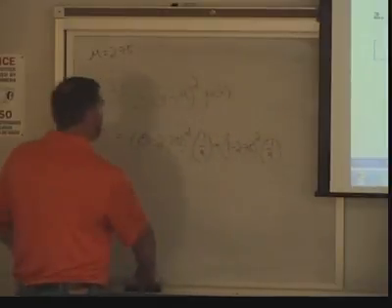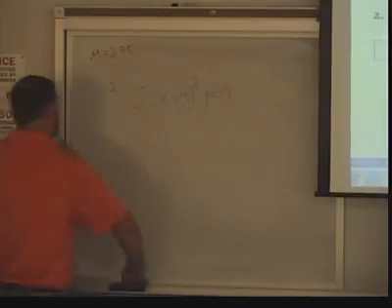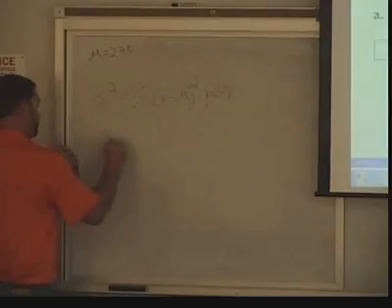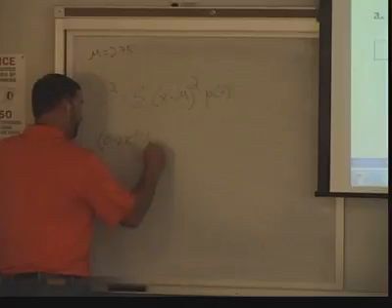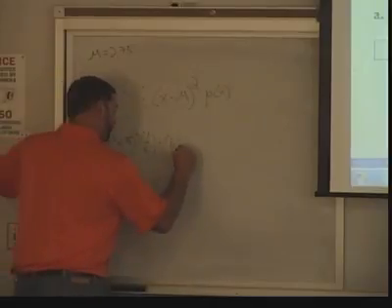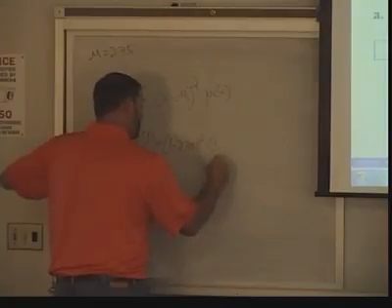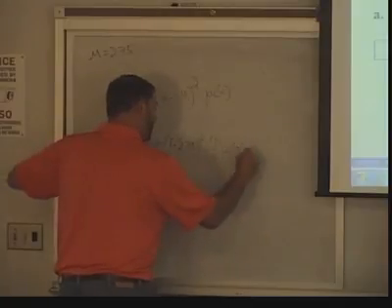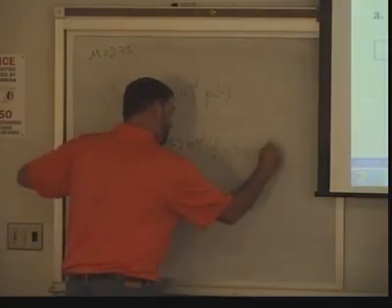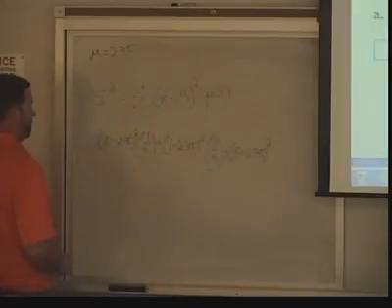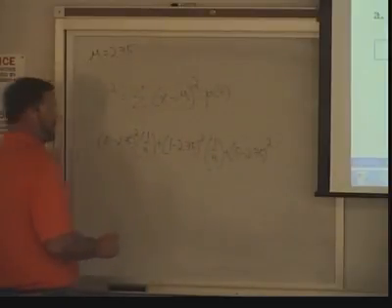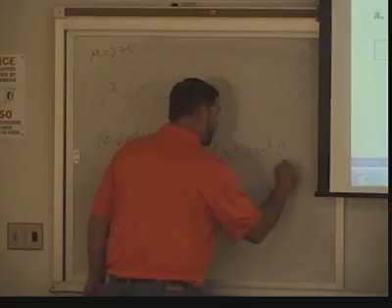Let me rewrite that a little bit smaller so I can get it all in one line. Plus 5 minus 2.75 squared times 1/2, right?